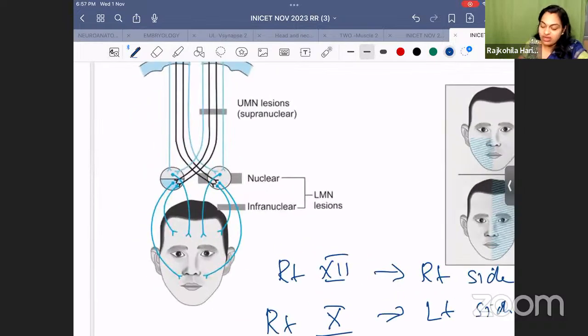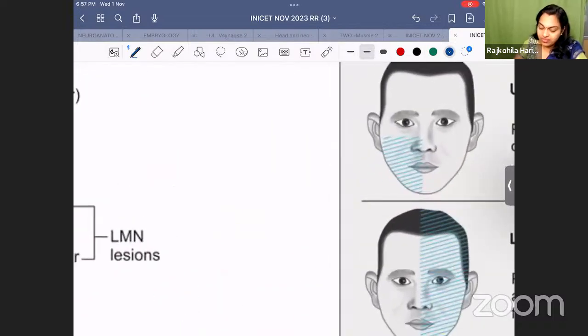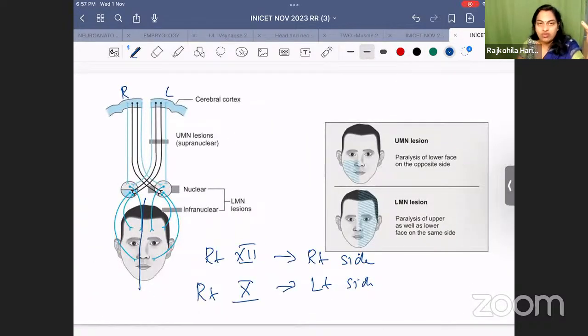Similarly, in facial nerve palsy, what is the difference between upper motor and lower motor neuron facial palsy? It's very easy. You know, there's a right and left cerebral hemisphere, right? The right hemisphere has control over the left side of the body, and the left hemisphere controls the right side of the body. So upper motor neuron lesion, if you imagine right side, the right upper motor neuron fibers are involved. The left side of the face is going to get involved, right? But what is the difference?